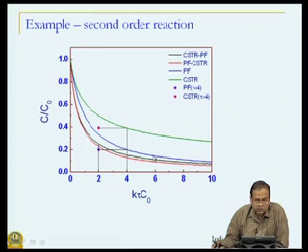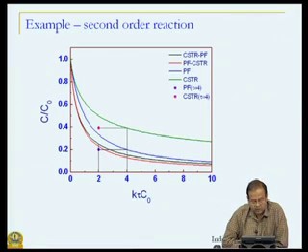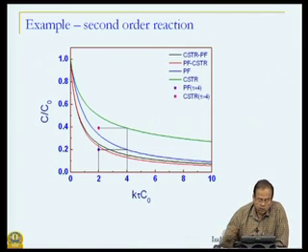The plug flow reactor performs much better, but a combination of stirred tank reactor followed by plug flow reactor performs better than either single reactor, and the last one, that is plug flow reactor followed by a stirred tank reactor, performs even better.